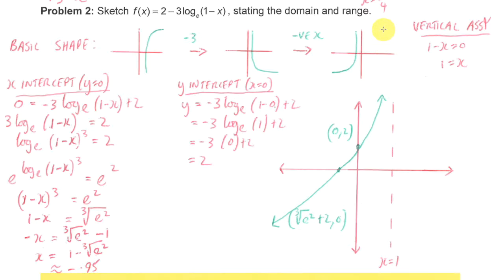So straight away my range will be R, the set of all real numbers, that is it goes from negative infinity all the way to positive infinity, but my X values that I can have are X being less than 1. Not equal to 1, but less than 1.